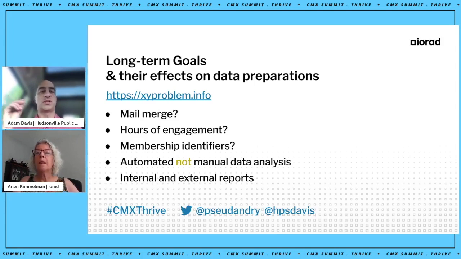I don't know if that's been discussed anywhere today, but an XY problem is when you know where your data is, you know what your problem is, and so you ask a simplified question: I just need to do X, Y, or Z. And then the person answers that question for you. You put it into your spreadsheet and it doesn't work. And then you're stuck again.